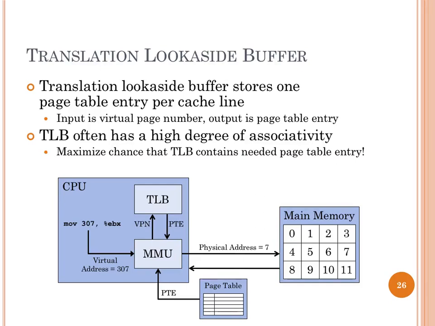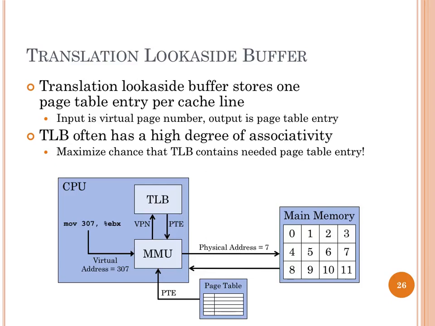So you'll talk about like 4-way set associative, 8-way set associative, so that various memory access patterns won't destroy performance of address translation. Okay? But you can see here, like I say, the input is a virtual page number. The output will be the page table entry so that we can look at the permissions and we can use the physical page frame to emit the address.